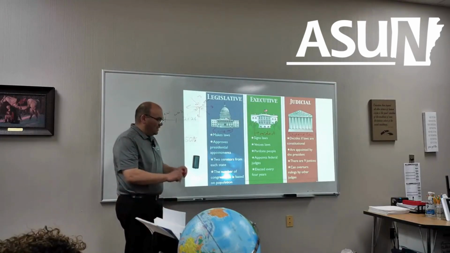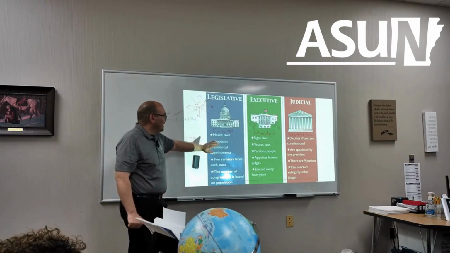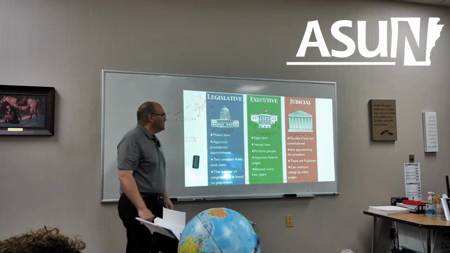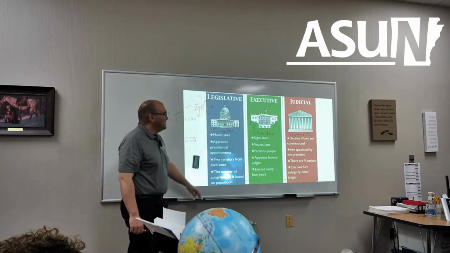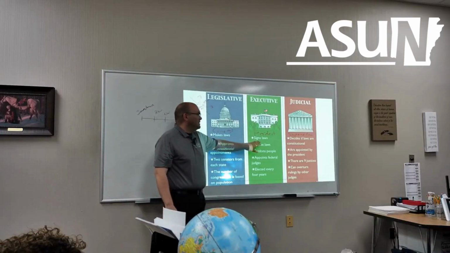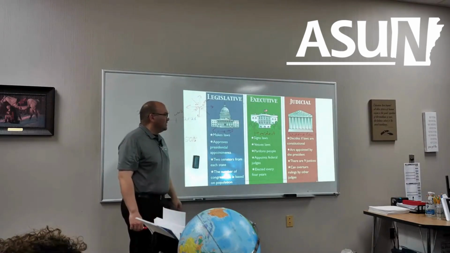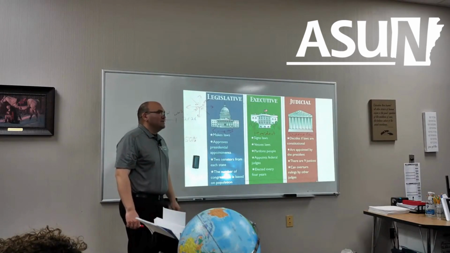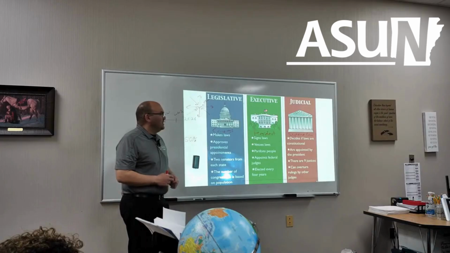Right. And let's just go through some of this. So what is Congress's job? Congress's job is to make law. That's it. All right. What does the president do? He signs and enforces the law. And then if there's any issue, right? So we have the freedom of assembly.